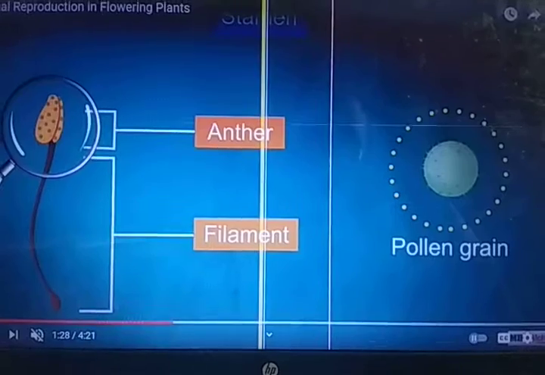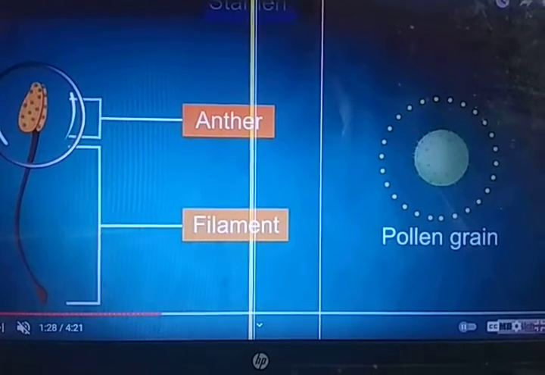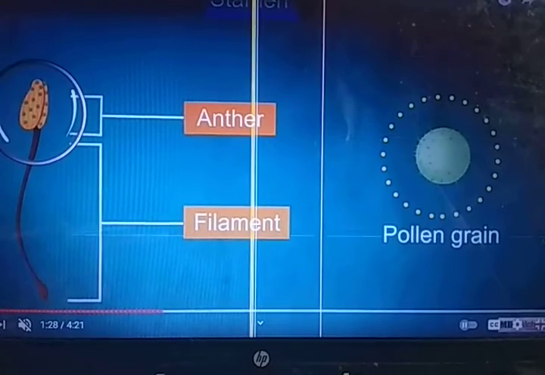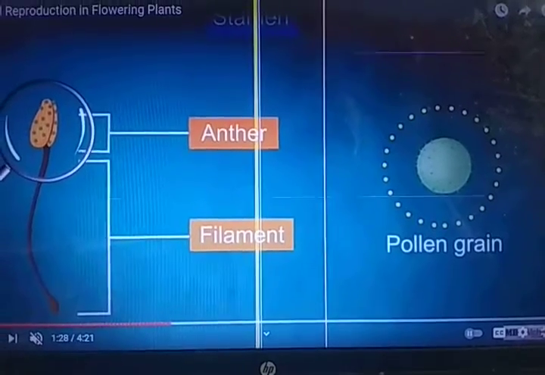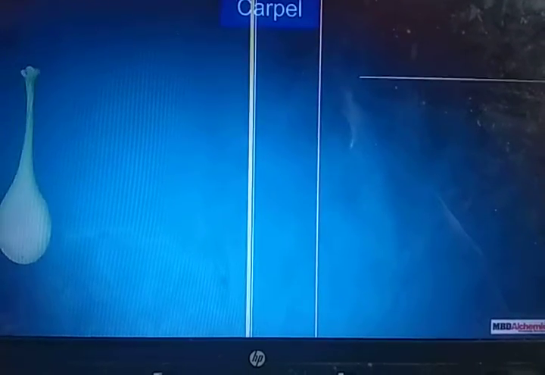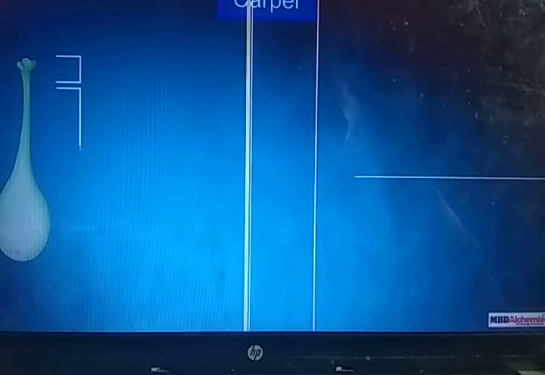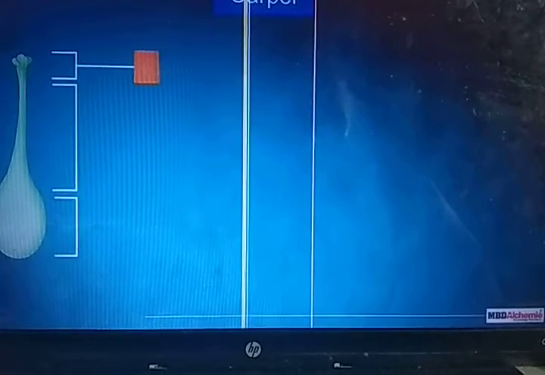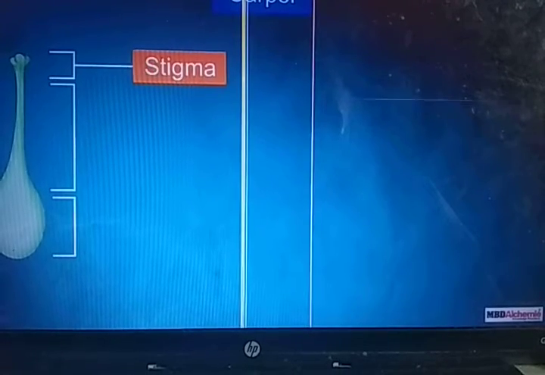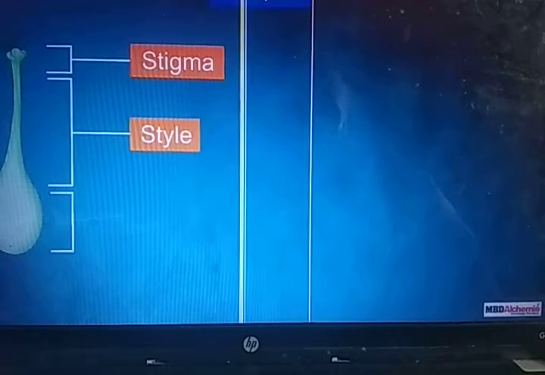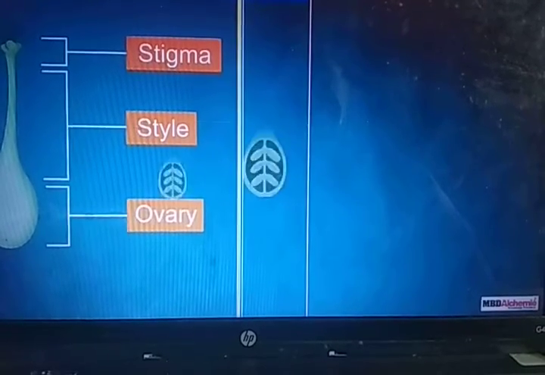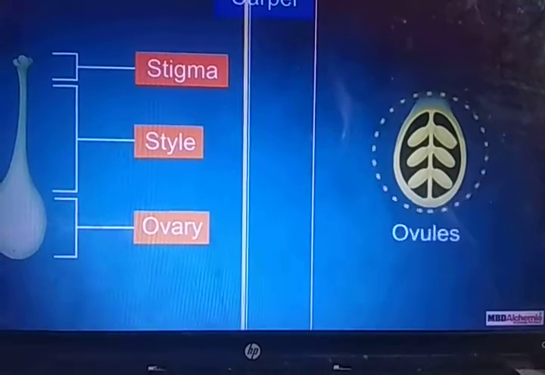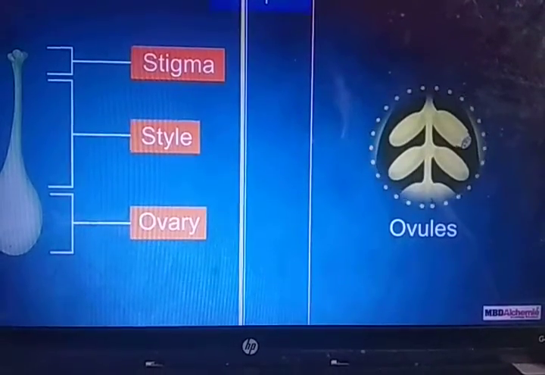In the stamen, there is the anther and filament, and pollen grain is produced from here. Pollen grain is the male gamete. And in the carpel, there is a stigma, style, and ovary, which has ovules inside.